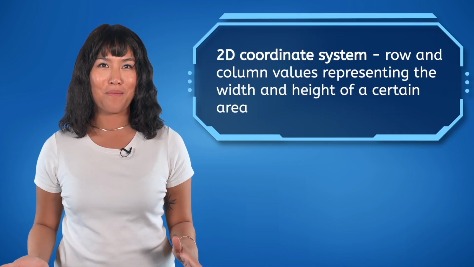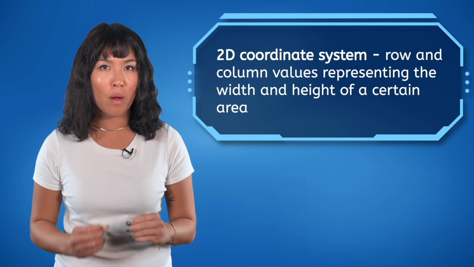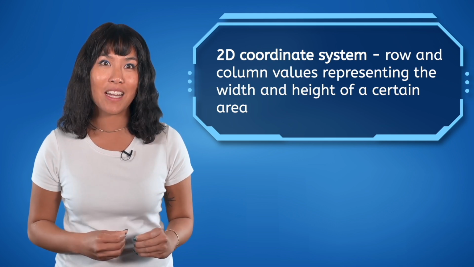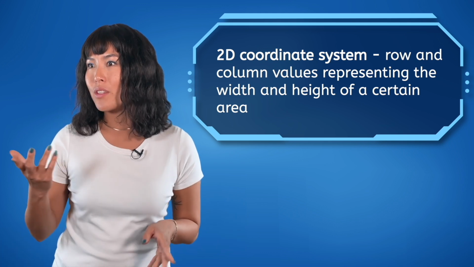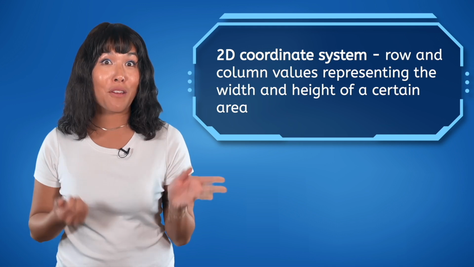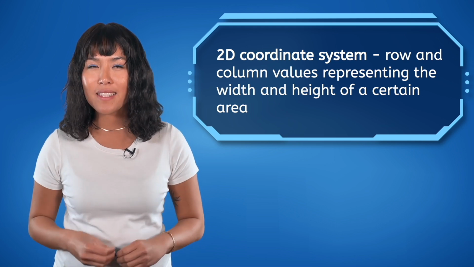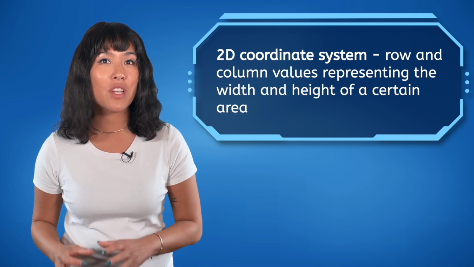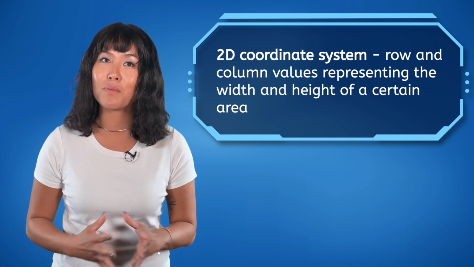Today, we were able to use nested loops to create a 2D coordinate system. This is a set of coordinates that represents the relative width and height of a certain area, like a planet's surface or even a piece of paper. We can use nested for loops to visit each area using the row and column number.